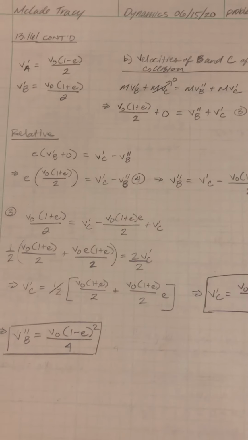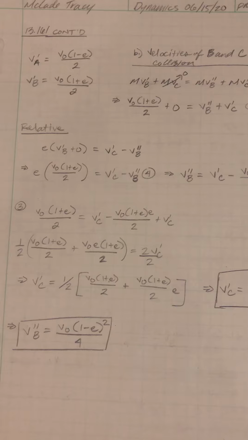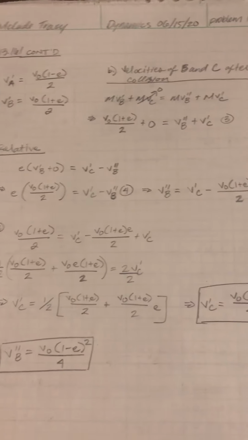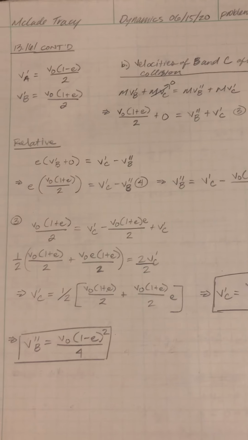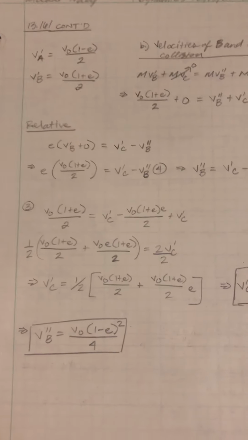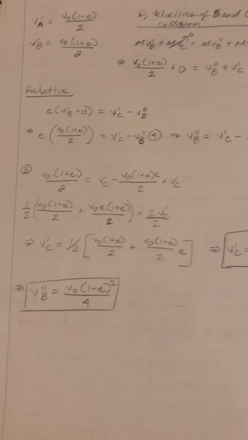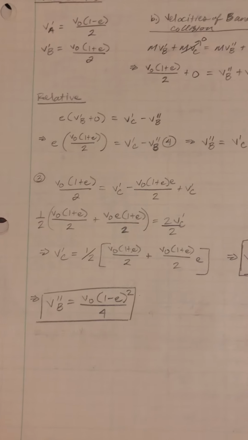So in plugging this V double prime B in, we're able to find our V C prime.